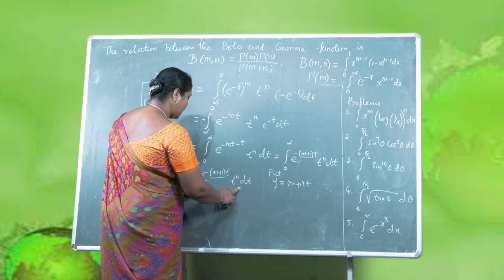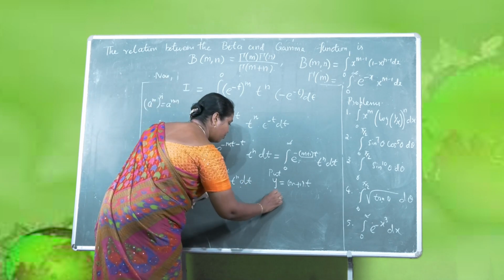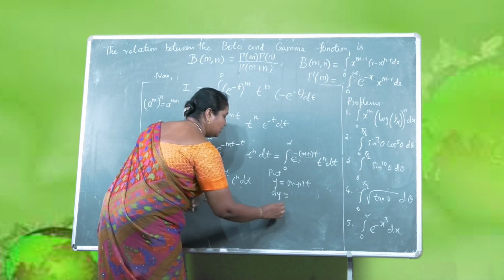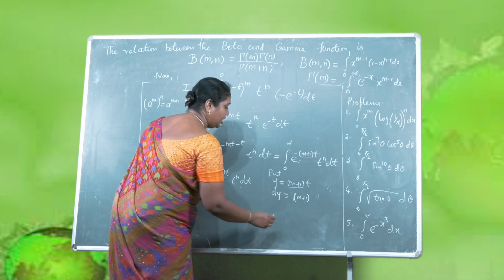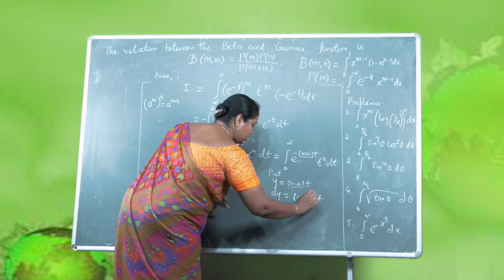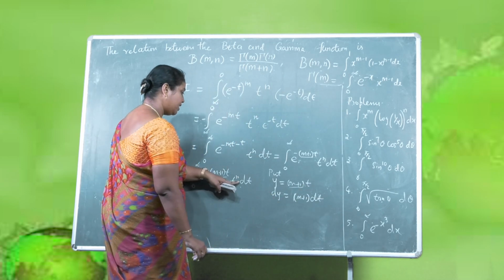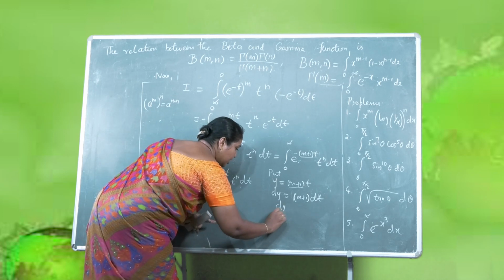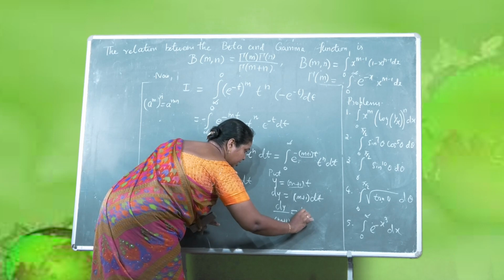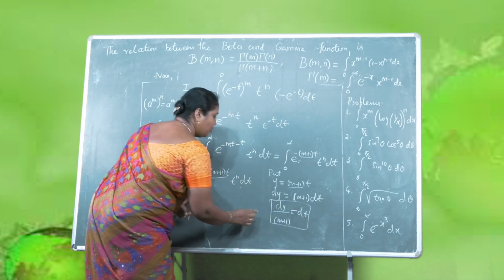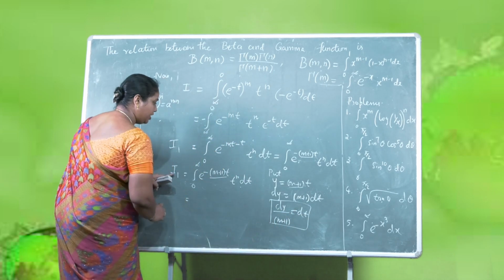Okay, so now we have to calculate dt. What is dy? dy is nothing but m plus 1 dt, because m plus 1 is a constant and will not affect the derivative. So dt is nothing but dy by m plus 1. Now we give this substitution to this I1 integral.